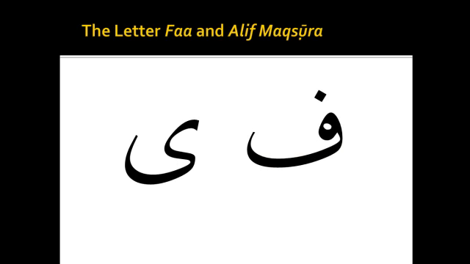So here we have the Faa and the Alif Maqsura. Now the Faa is quite simple because it's very similar or almost identical to the F in English, as in the word freedom.